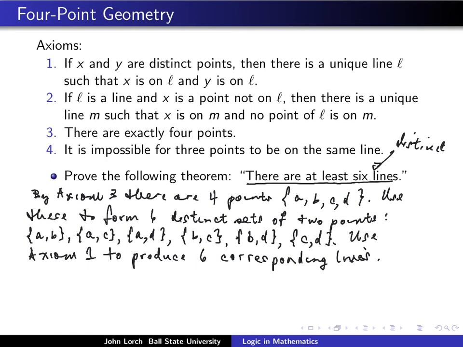So why is it that none of these 2 lines can be the same line? Well, let's suppose two of these lines were identical. Then there would be at least 3 points on that line.